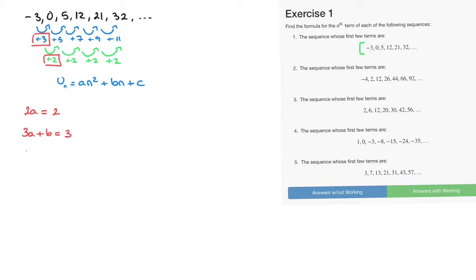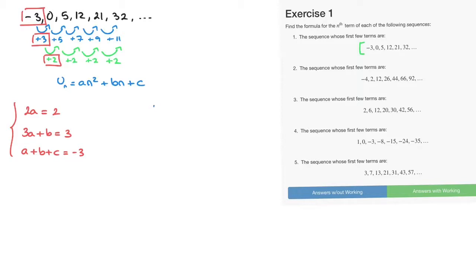And finally, a plus b plus c must equal the first term of the sequence, so here it's -3. Those are our three formulas, and we're going to solve them working through from top to bottom.